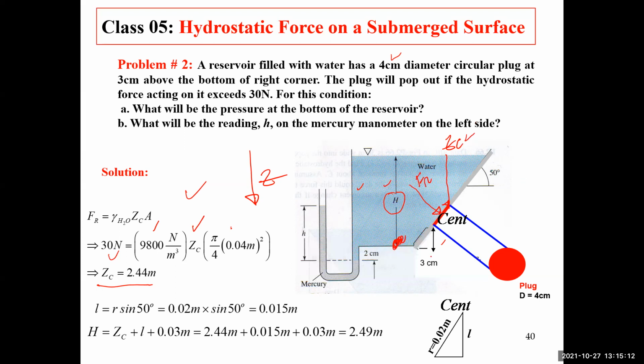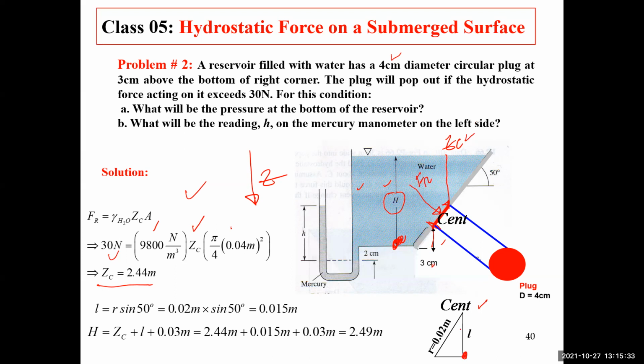And I know the value from the edge of my plate to the bottom of the tank is 3 centimeters, but I do not know the vertical distance from the centroid to the edge of the tank.